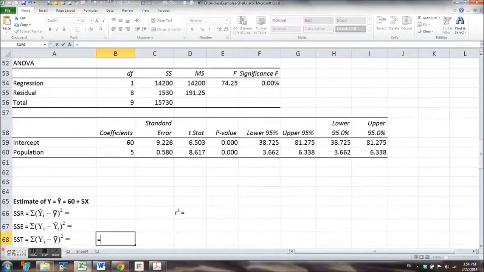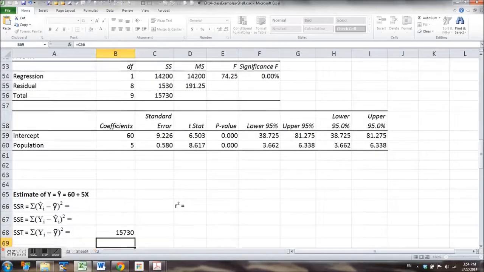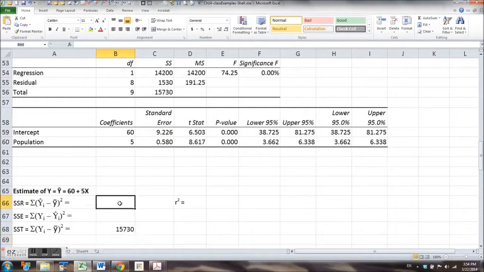So let's set this equal to that. And SSR is right here, sum of squares of regression, and SSE is that.